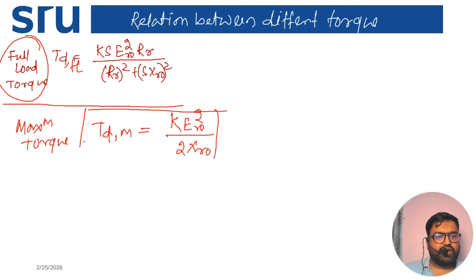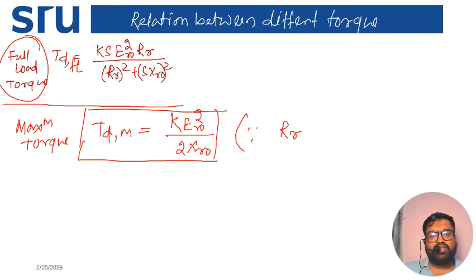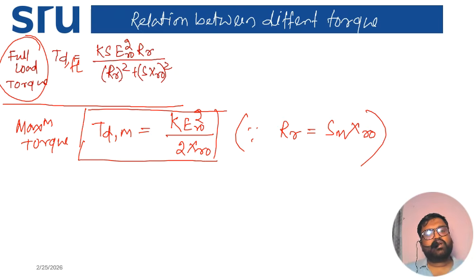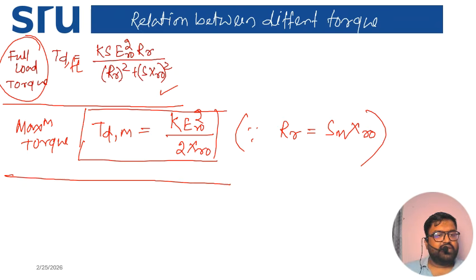And this condition happens when the rotor resistance equals the maximum slip into the rotor reactance. This is the condition for maximum torque. Now the last one is the starting torque.